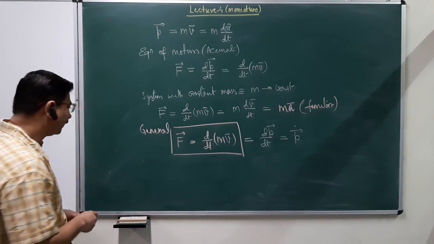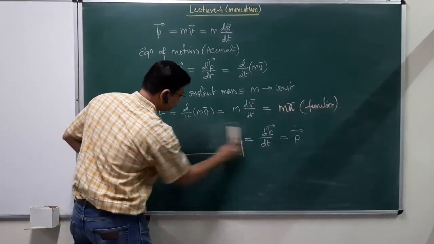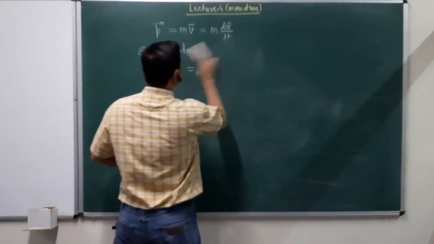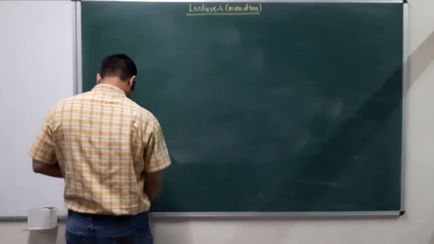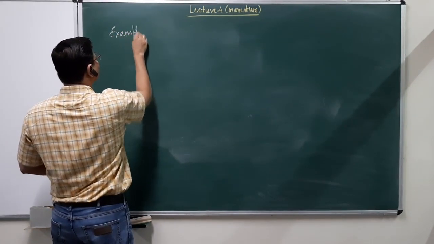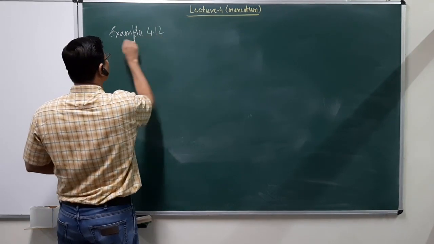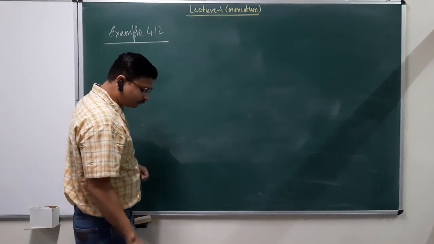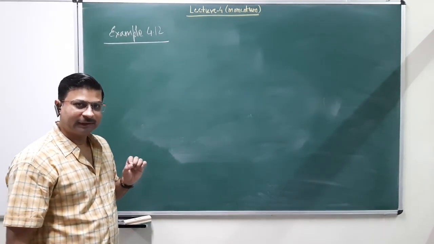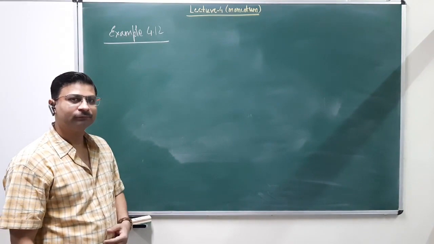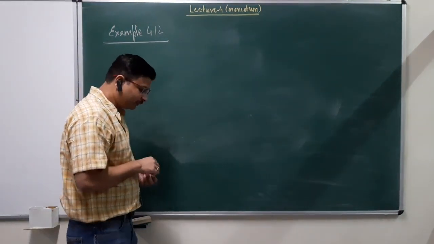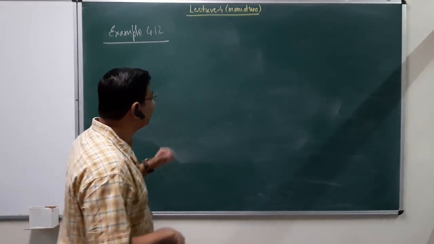So I am taking this example 4.12 from the book of Kleppner and Kolenkow, and the statement of the problem is given here. Right. So now, once you have the statement of the problem, we can try to solve it.